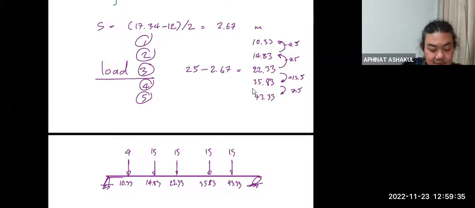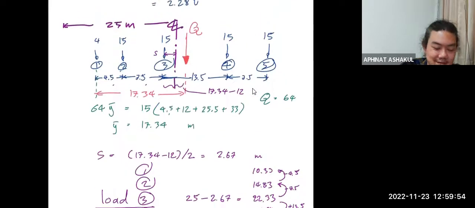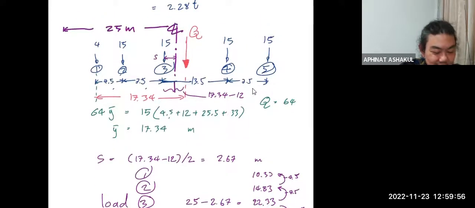First and foremost, let's calculate the reaction, right? But wait a minute. Q, right? Can we use Q to calculate our reaction, maybe? Of course. We're not stupid, right? So we know where Q is.